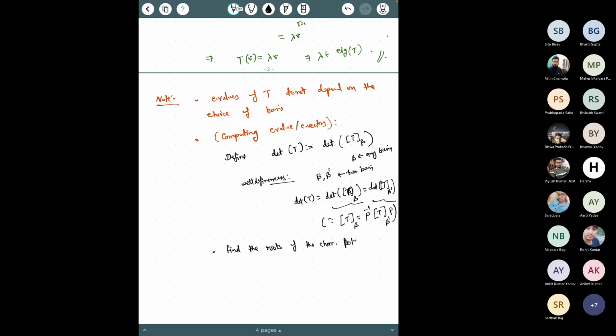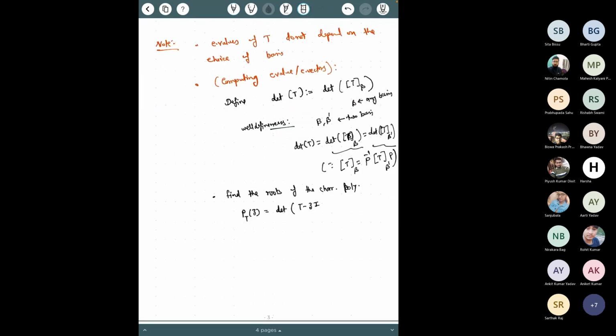Now you can talk about the characteristic polynomial. You can denote it by P subscript T of Z. It is the determinant of T minus ZI or ZI minus T. Let us be consistent with the notation, so we write it as ZI minus T. This is the determinant, this is the characteristic polynomial. This is an operator.